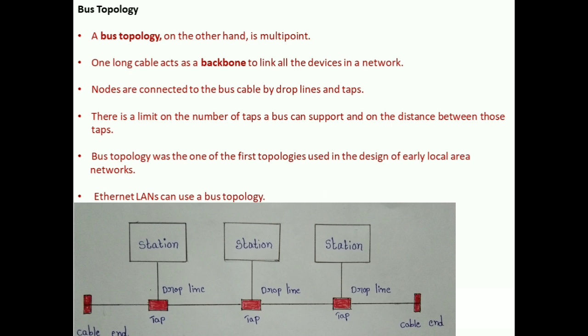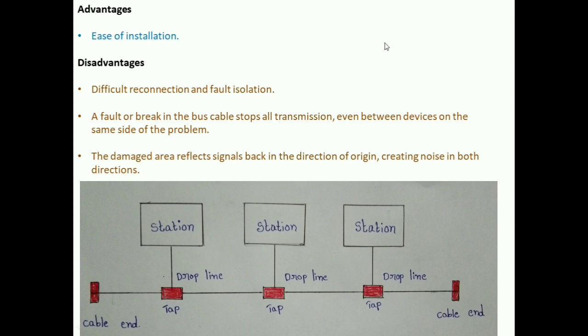Okay, so generally bus topology is one of the first topologies which is used in the design of local area networks, and Ethernet LANs can also use a bus topology. So coming to the advantages, the bus topology has ease of installation, and the disadvantages are, the first one is difficult reconnection and fault isolation.